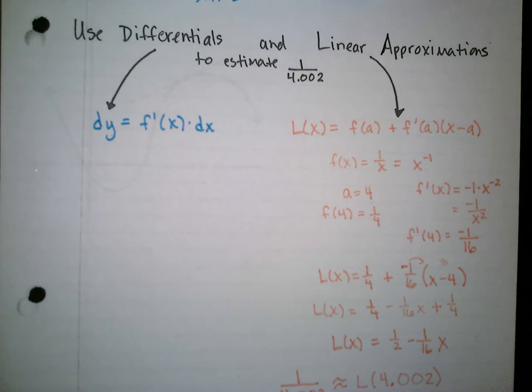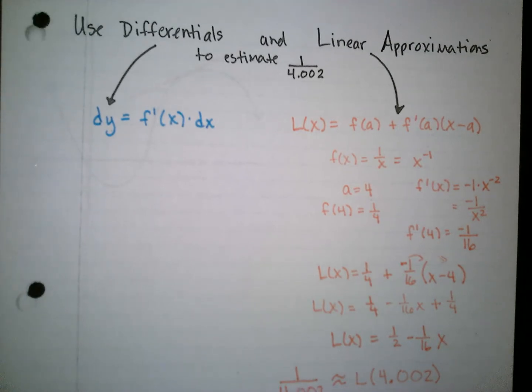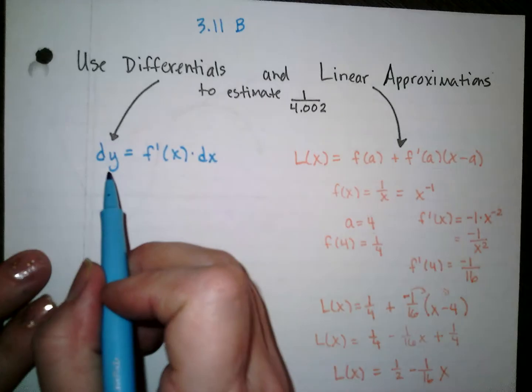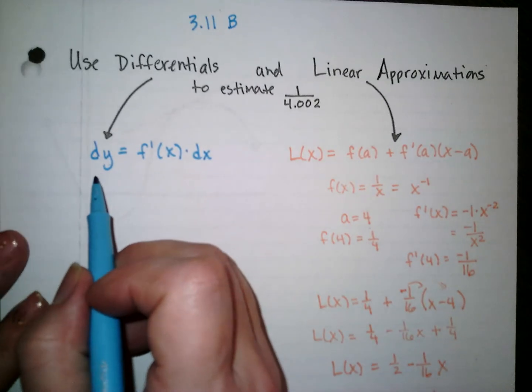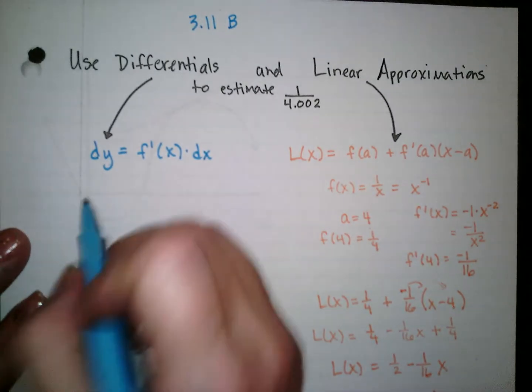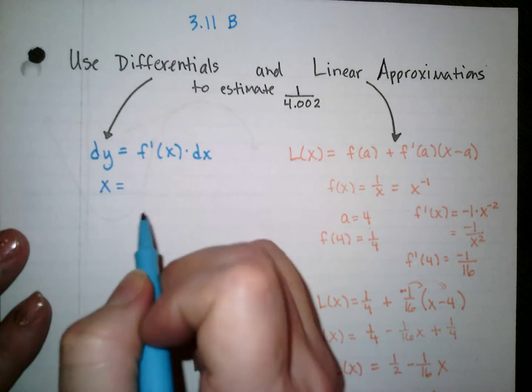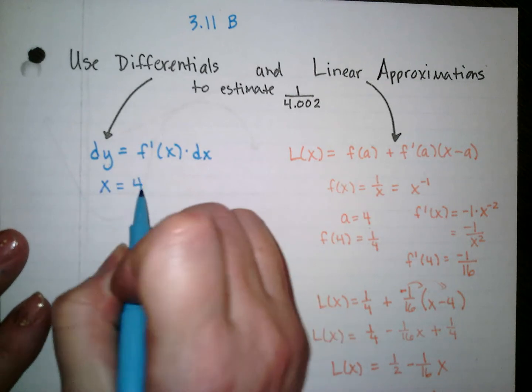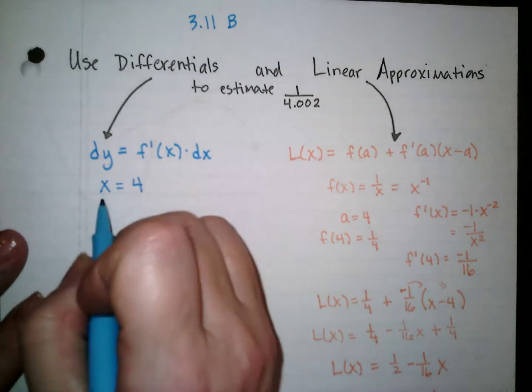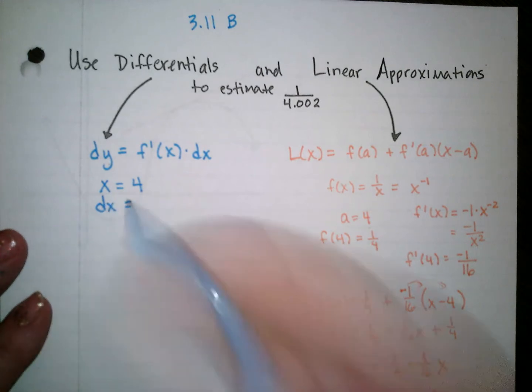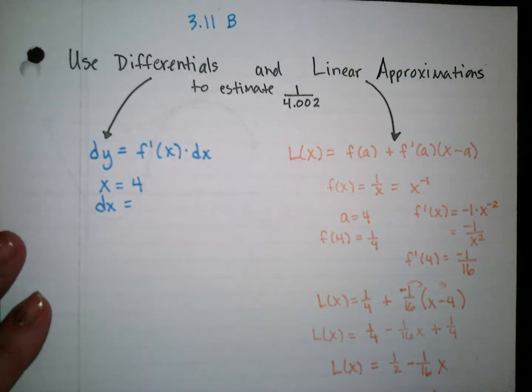Now we're going to do the same approximation using differentials. So using differentials, dy equals f prime of x times dx. Of course, for our x value, we're going to use a convenient number, so we will choose 4. And then dx is the amount of change from x.